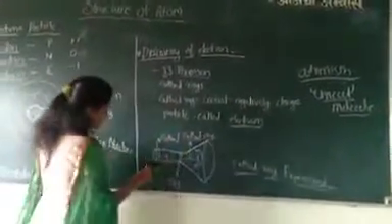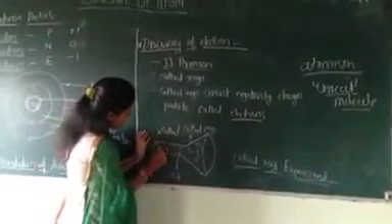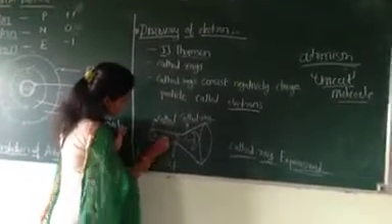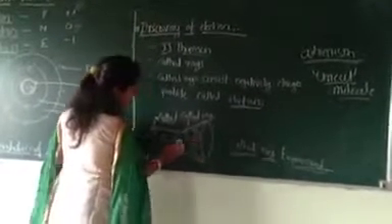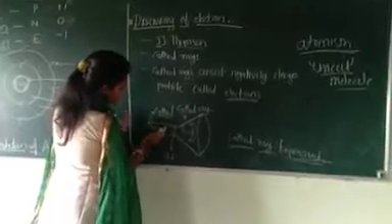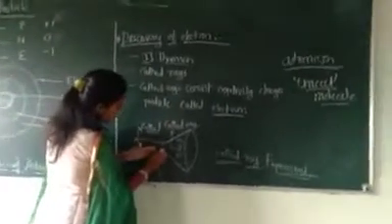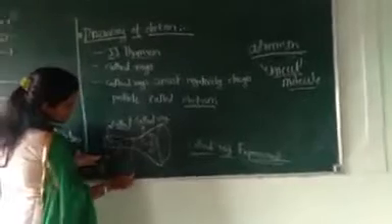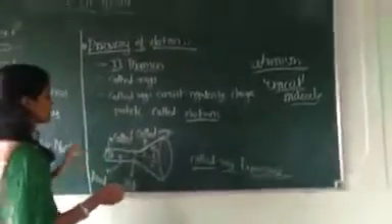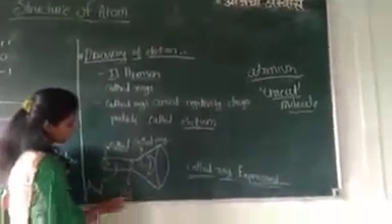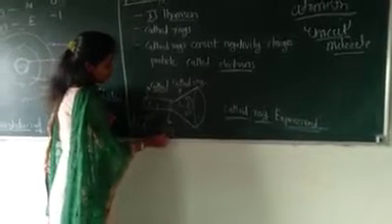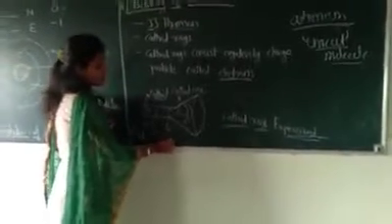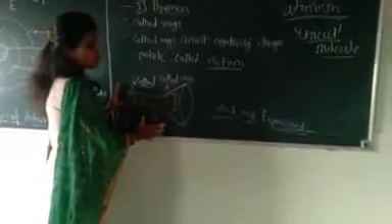J.J. Thomson explained that first he takes the cathode, then the anode. This is the slit. He takes rays from the cathode, and after the anode, passes them through the slit, because the slit gives a strong beam of radiation.